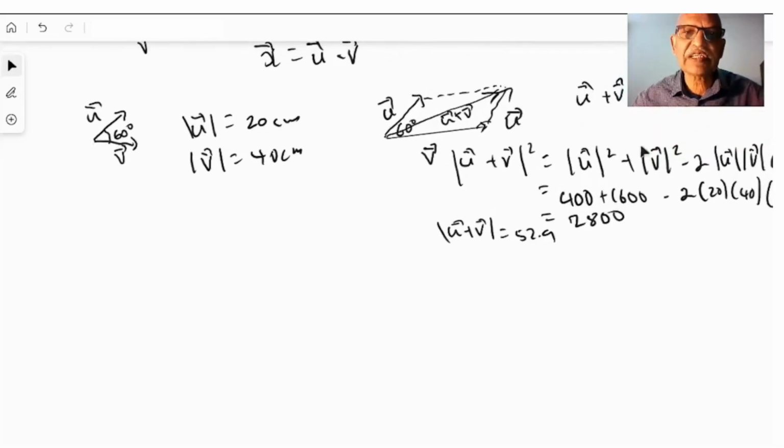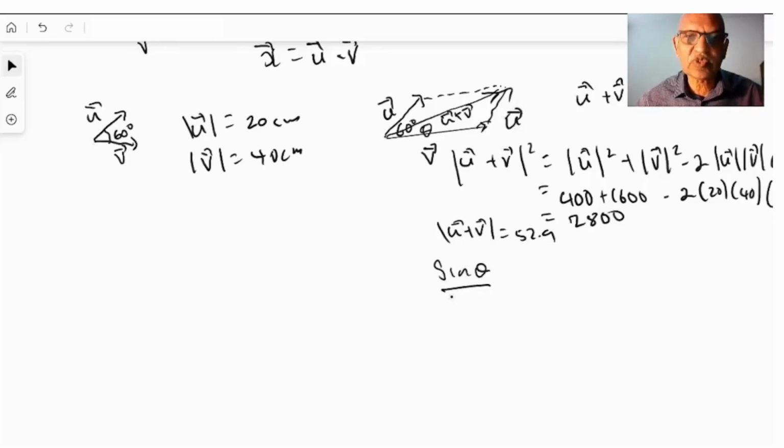To find the direction, I have to find either this angle here or the other side, this angle here. So to find the direction, we always use the sine law, because we have sine of theta over the magnitude of u.